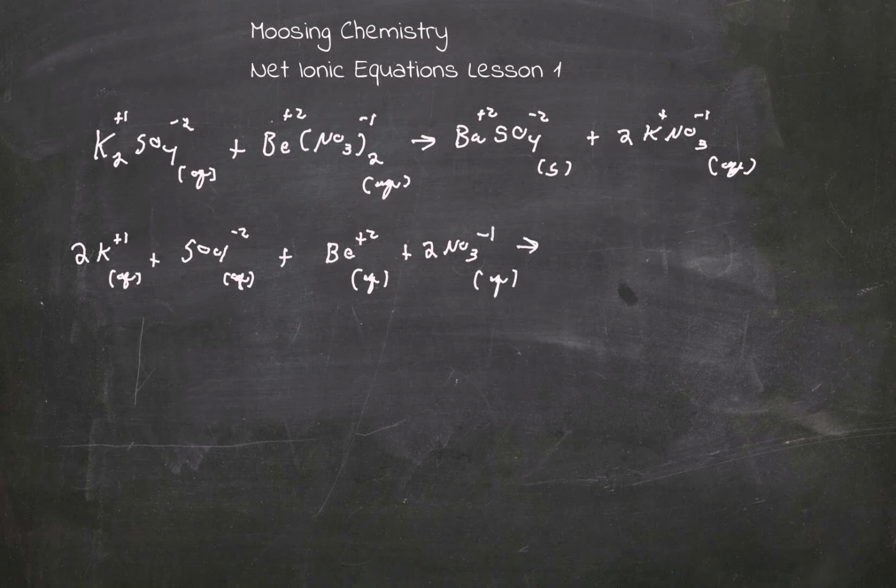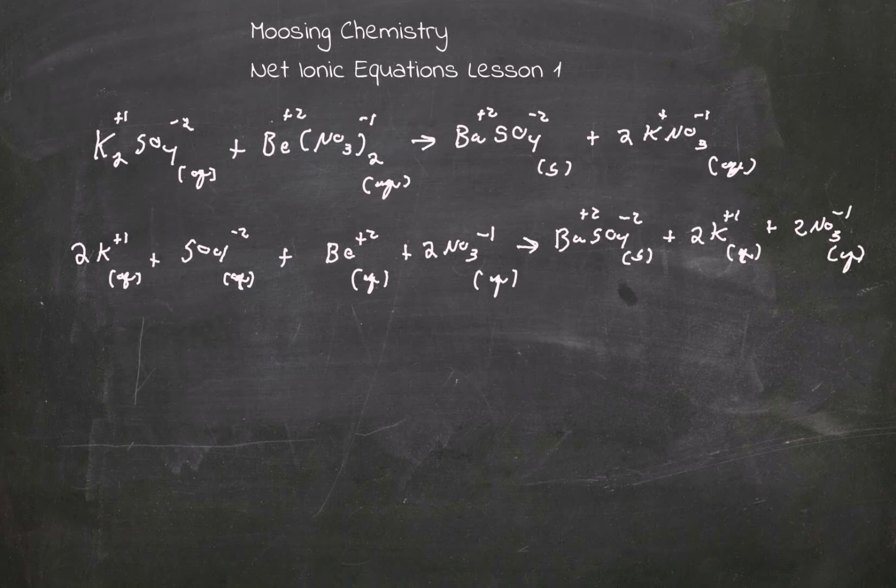Now we can't break the solids apart, so it'd be BaSO4 solid, minus 2 plus 2, plus 2K AQ plus 2NO3 AQ, minus 1 plus 1.